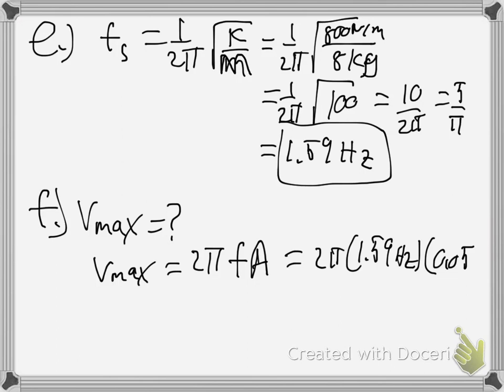That's how much it is stretched. Remember the equilibrium position is considered 0. And you know, this looks like it's going to be an ugly number, but it cleans up to be exactly 0.5 meters per second.